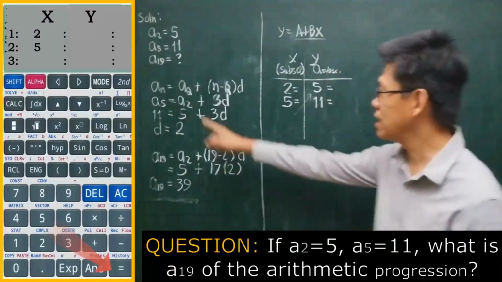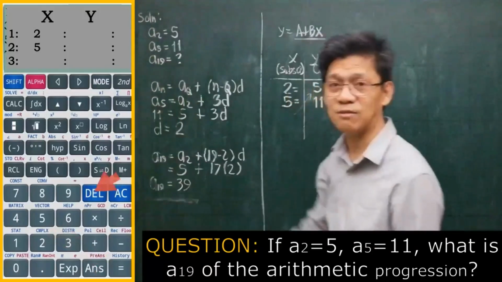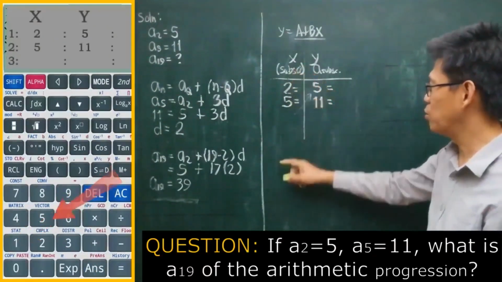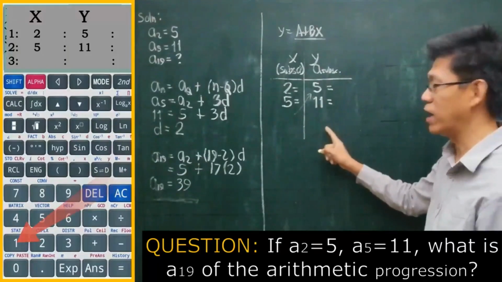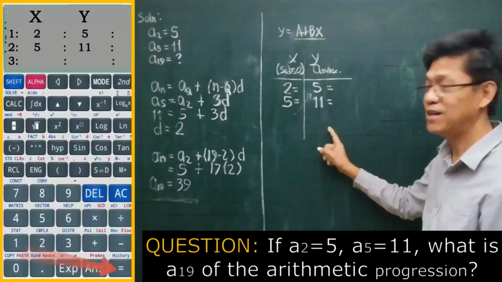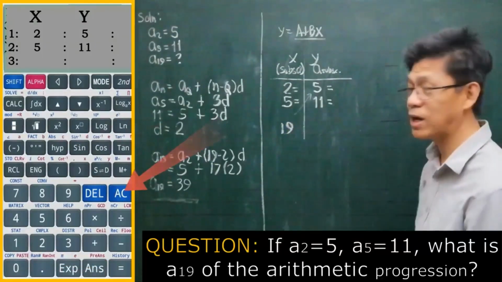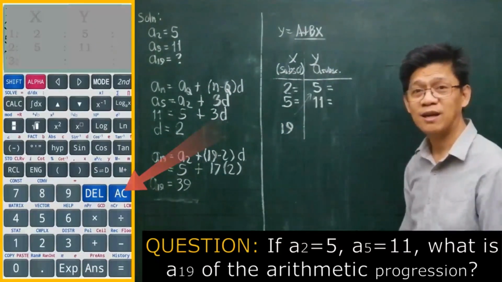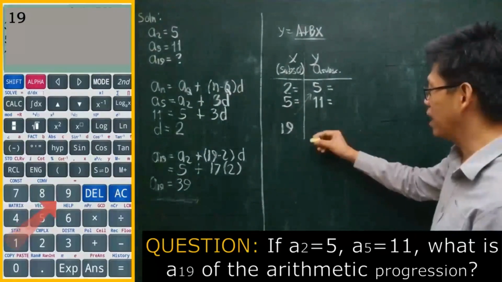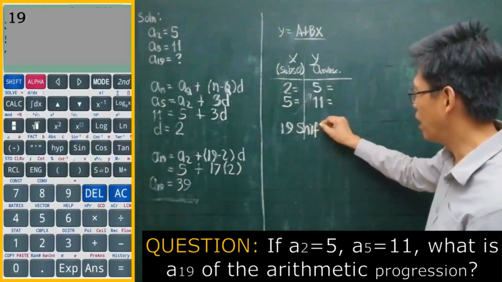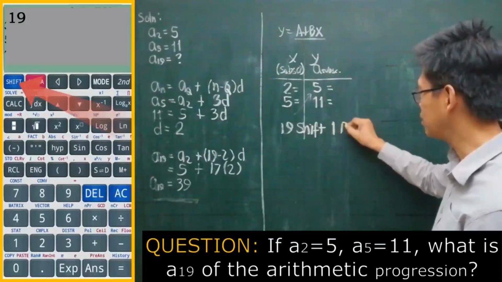Ang kailangan natin is A19, right? So, pagka itong x mo is 19, ano yung y? Yun yung pinakatanong, di ba? So, i-press mo lang sa calculator mo yung 19, pero huwag kang mag-press ng equals. Para ma-solve mo yung unknown y, just press Shift 1 regression.